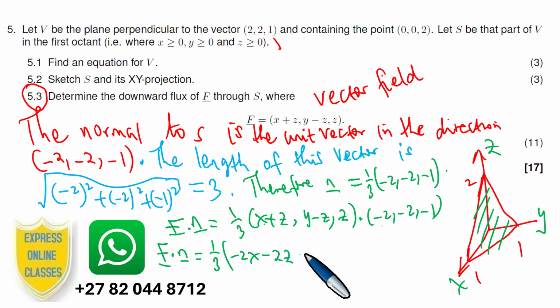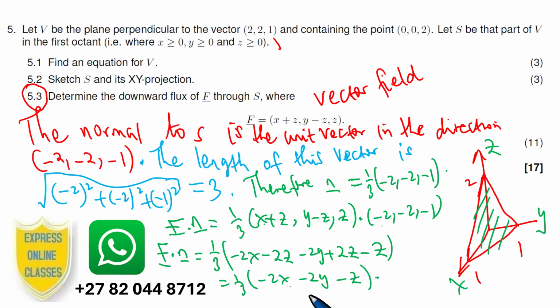You dot this and that, which is minus 2y plus 2z minus z. 1/3 of the following, minus 2x minus 2y minus z. Because now when you have the minus 2y and the minus 2x, the minus 2z plus 2z is 0, which gives us minus z.